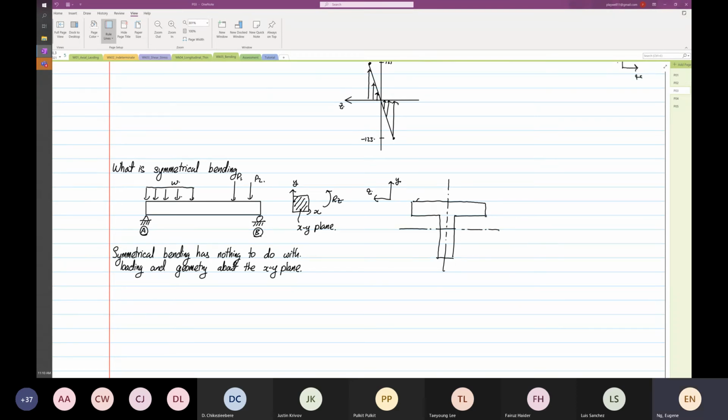So centroid along Z. This is our centroid along Y. Then I'll give you another geometry.